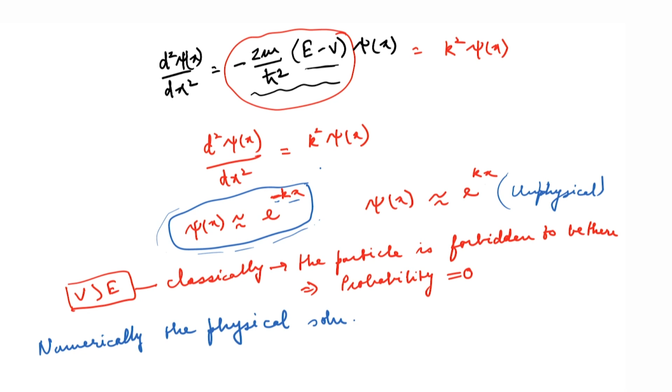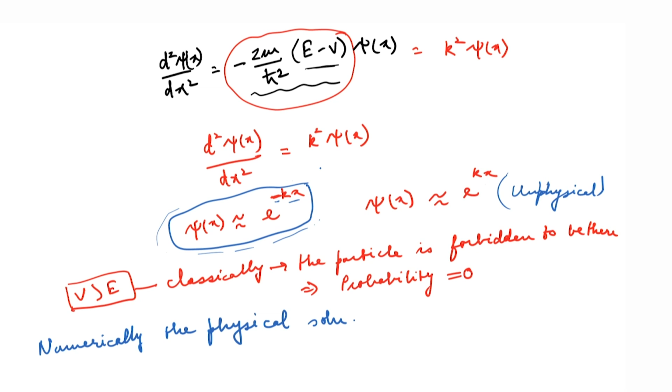This is nothing but the asymptotic behavior of the wave function at large values of x. The code should be able to come out with solutions with the correct asymptotic behavior also. So, both these facts need to be taken care of when we are trying to solve quantum mechanical problems numerically.